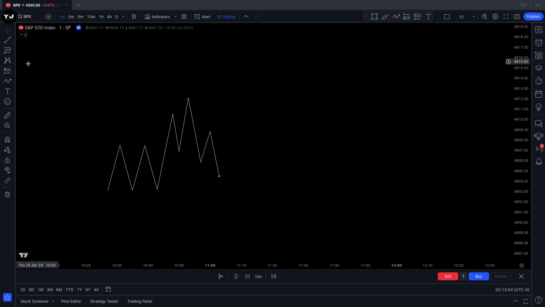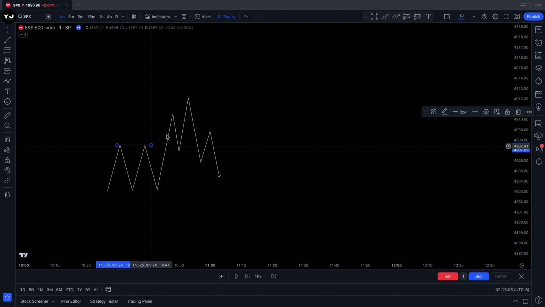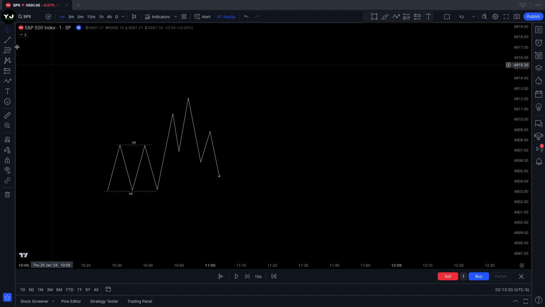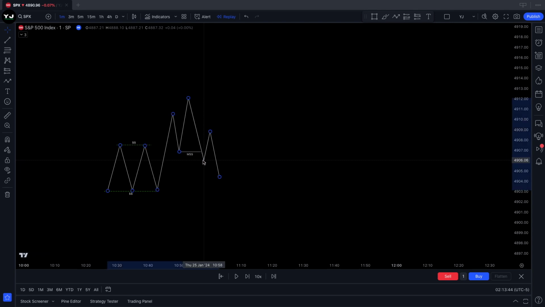So once again, we have our buy side liquidity right here, which was taken out, and we have our sell side right over here. So buy side was taken out, price then dropped back down, took out our most previous higher low, causing a market structure shift. Once price caused this market structure shift, we then anticipate for a fair value gap to be formed.